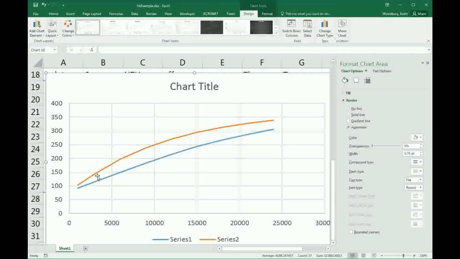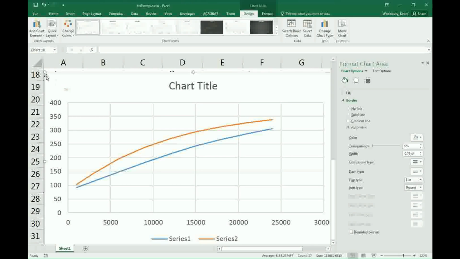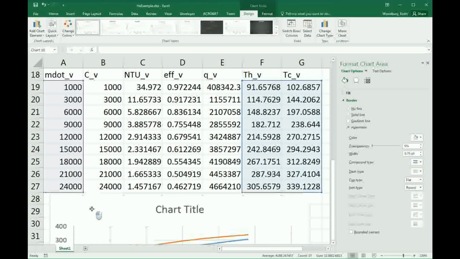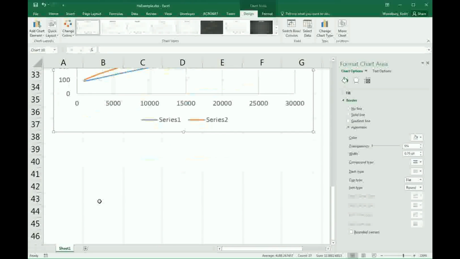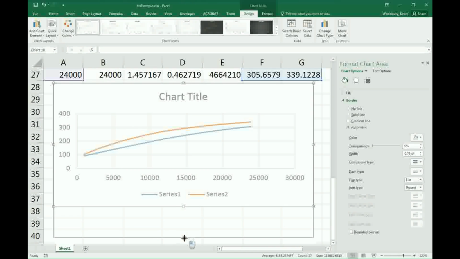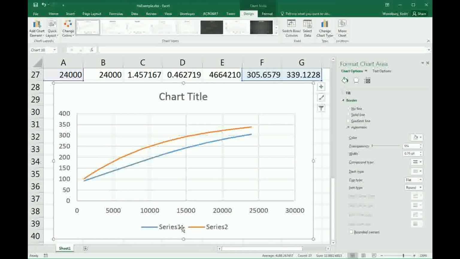Yeah, so without dressing this up too much, see if we can make it a little smaller though. Yeah, that's how the temperatures vary as the mass flow rate of the hot water increases.